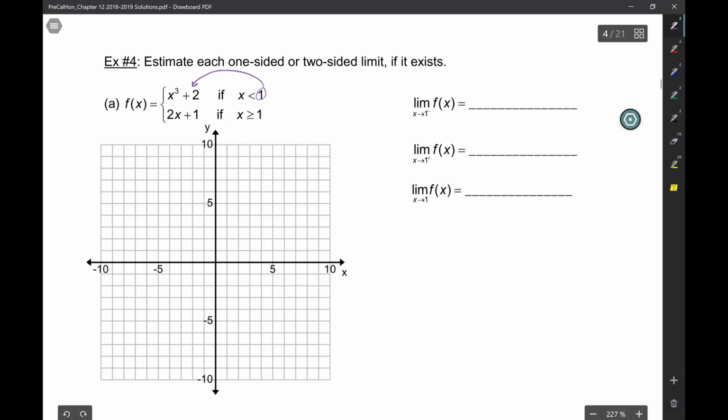So at 1, the function to the left is 3. 1, 2, 3. Okay? And this is a cubic function, right? And what do cubic functions look like? They look like this, right? So when x is 0, how much is that? 2, right? So this is going to look like this.